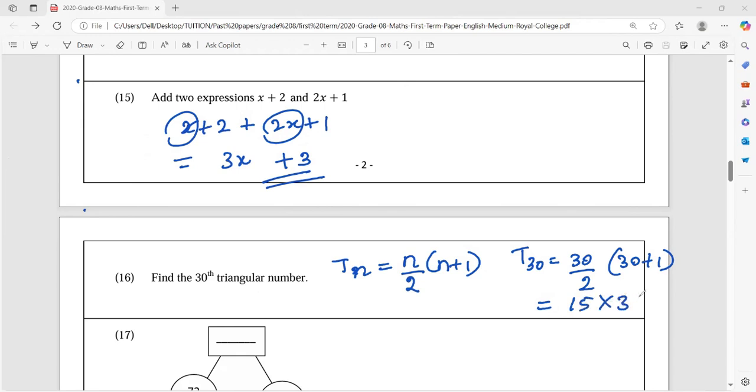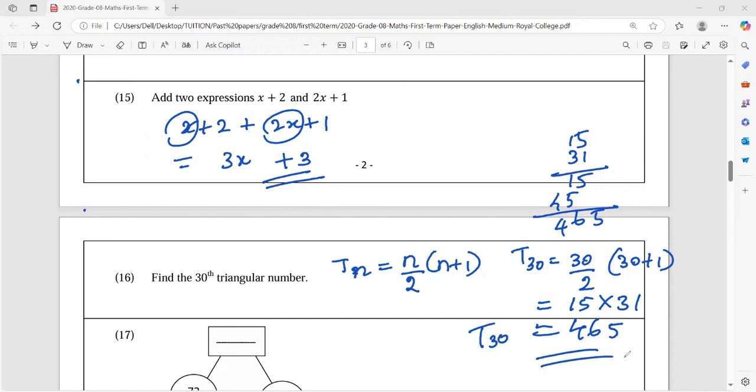Now multiply 15 into 31. 1 into 15 is 15, 3 into 15 is 45, and adding, you get 465. Your answer is 465. That means T30, the 30th triangular number.